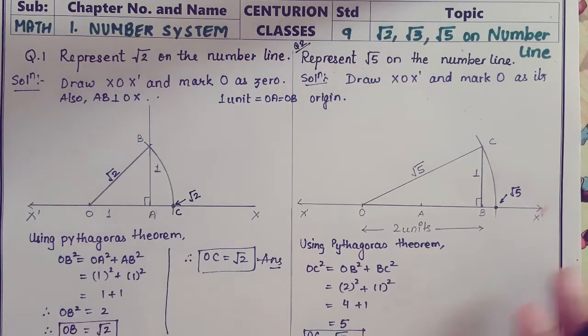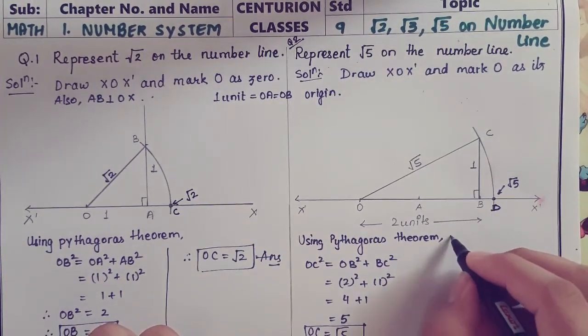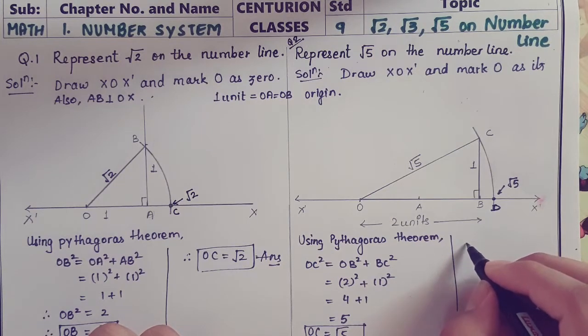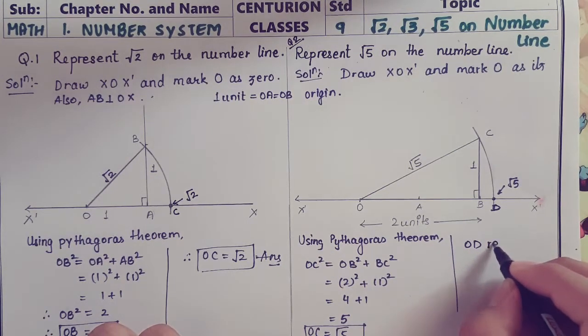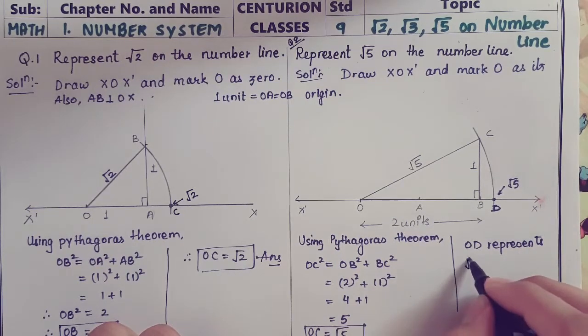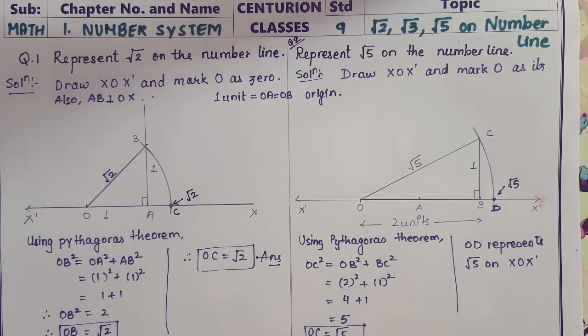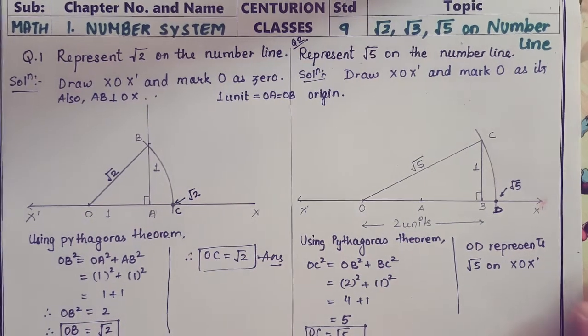I hope you have understood this. We'll name this D. So OD represents root 5. I hope you have understood this question. Thank you.